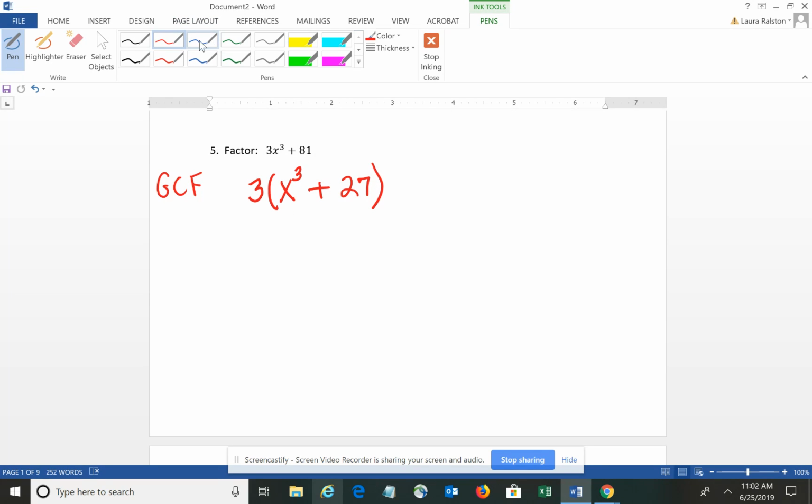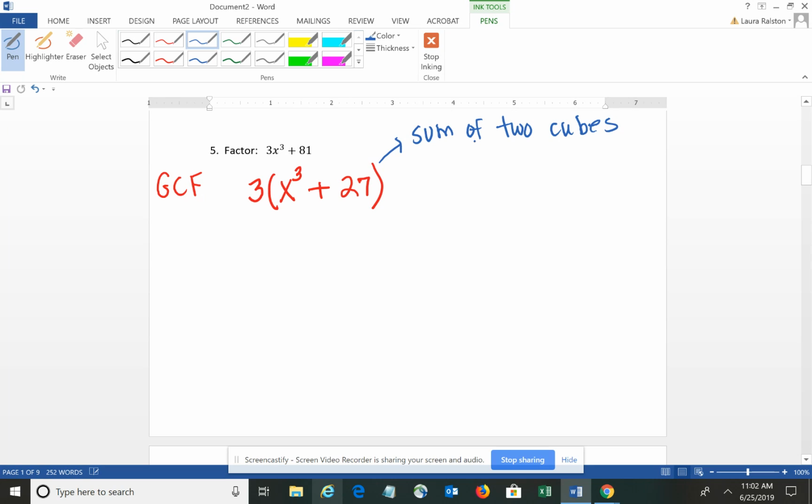Then I notice that I have two terms, and typically when I have two terms, it's either going to be the difference of two squares, the difference of two cubes, or the sum of two cubes. Well, I notice immediately here two things. One, I have a cube because I have the exponent of 3, and I have a plus. So what's left here in this parentheses is a sum of two cubes.